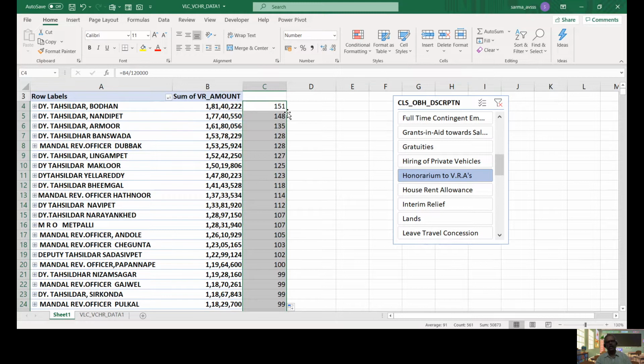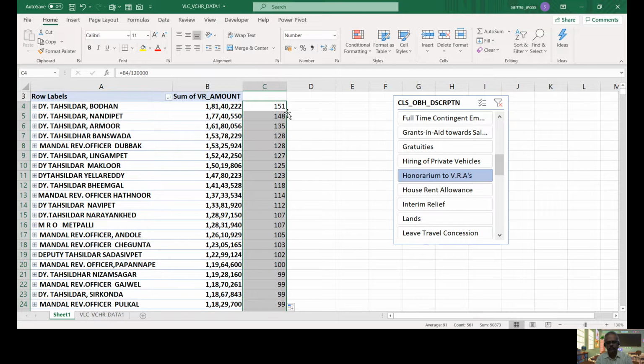So in our model, first of all, we are trying to compute the annual expenditure for each DDO. Then, using a slicer based on object head, for each object head we look at what the patterns are among the DDOs. Once we start analyzing like this, I think we can identify so many objections or observations.